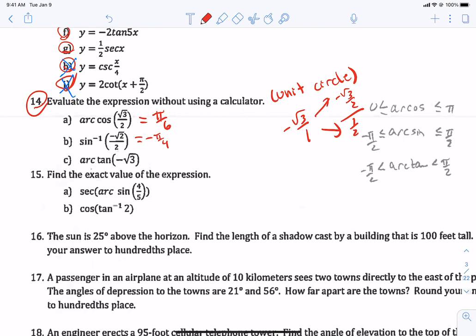So what point on the unit circle gives me the sine value negative square root of 3 over 2 and the cosine value 1/2? Well, we're talking down in the fourth quadrant, and the sine is the higher one, square root of 3 over 2, so the angle is pi over 3. So the answer is negative pi over 3.